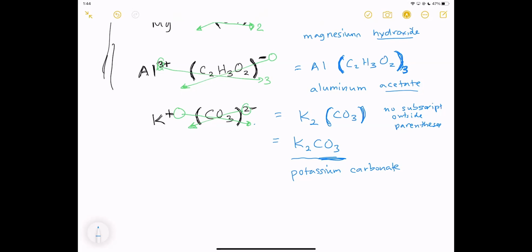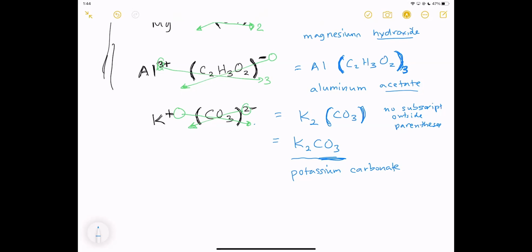Okay, so let's take a look at some more examples. I'm going to choose from number 13, chemical names for these compounds. Actually, I'll do this one: KNO3, (NH4)2SO4, and FeSO4.